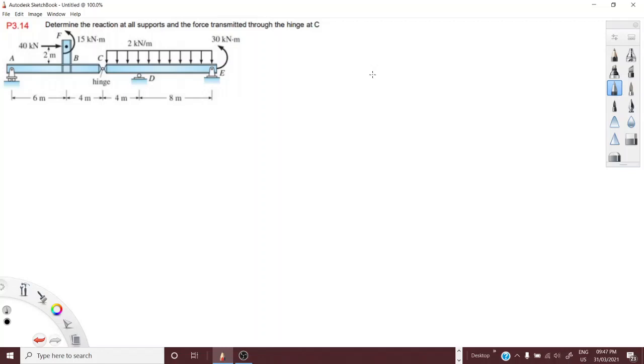In this tutorial, we are going to find the reaction at the support through the hinge at C. So first, we need to draw the force of AY.